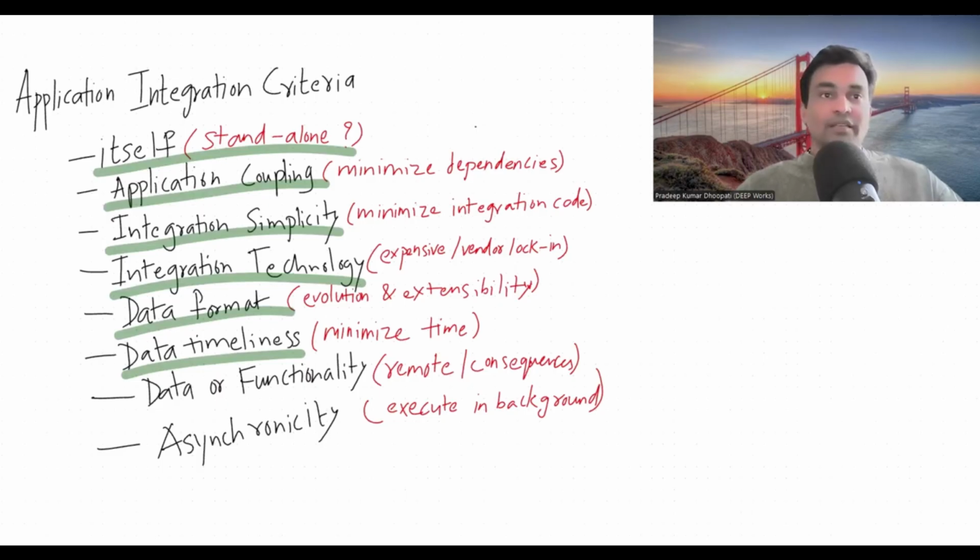The next criterion is data or functionality. Oftentimes, integrated applications do not just want to share data, but also share the functionality.